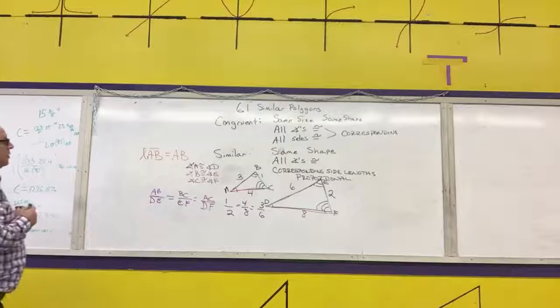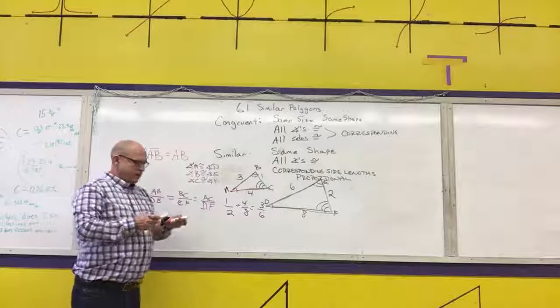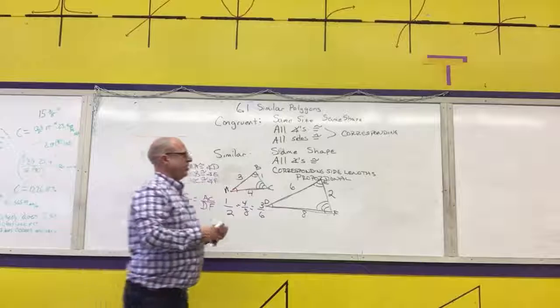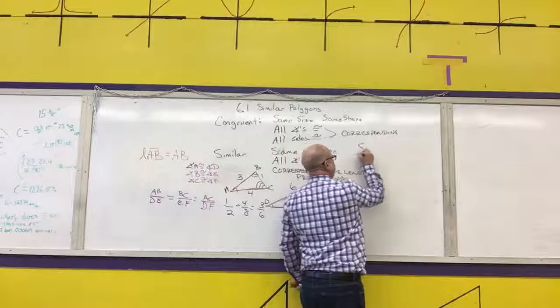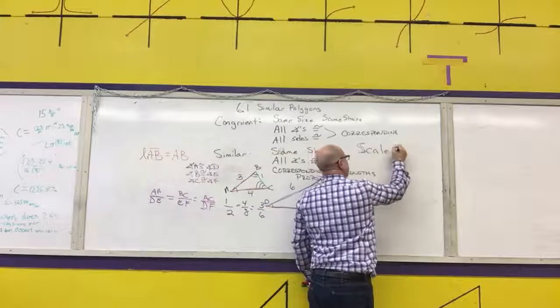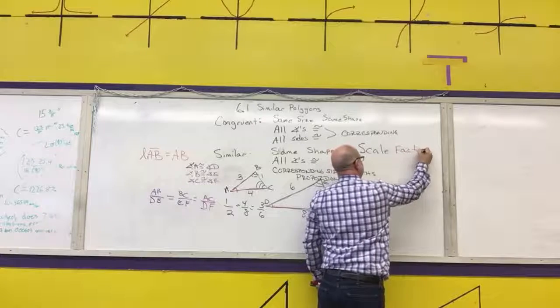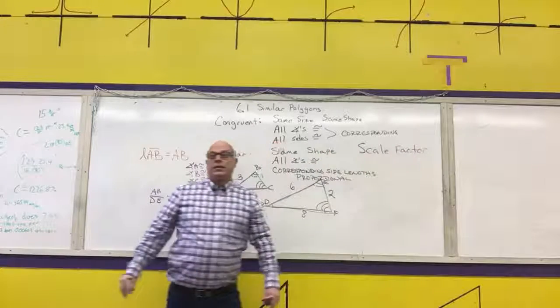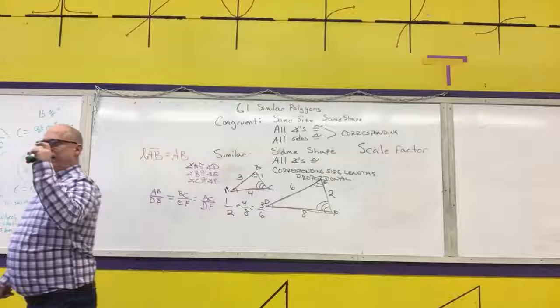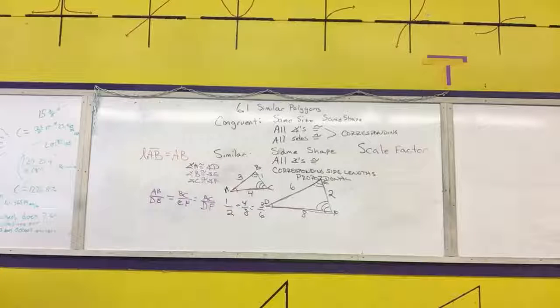The other thing we need to talk about with regard to similar figures is its scale factor. The scale factor is what I need to multiply each side in the first one by to get to the second one.